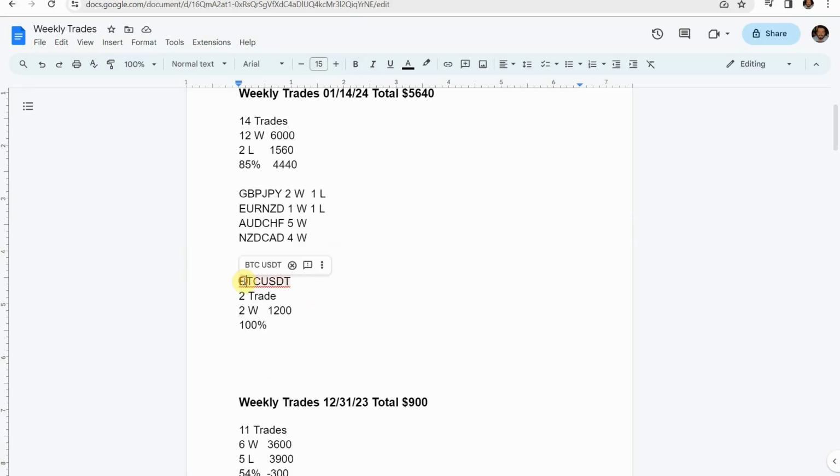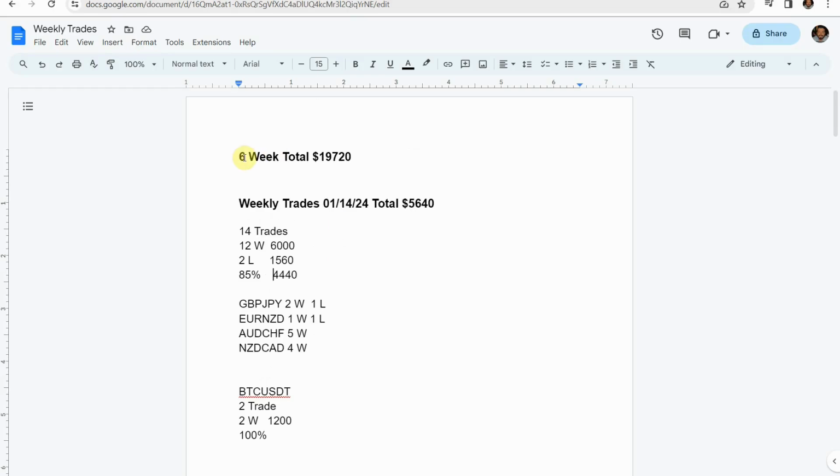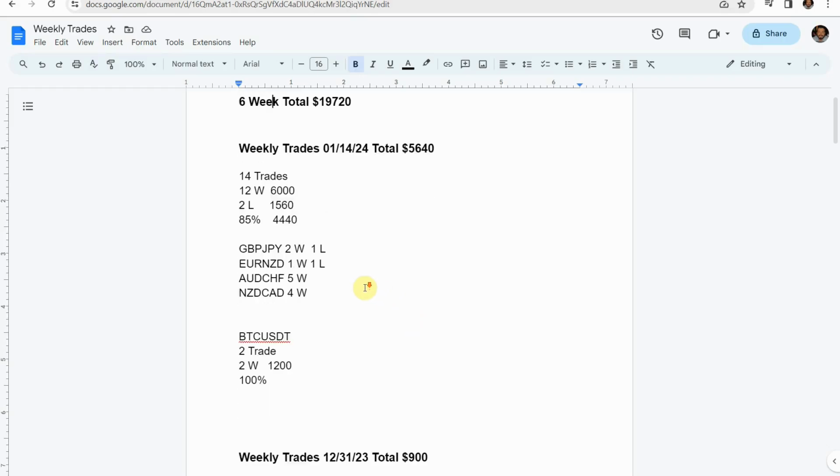On the crypto coin, we had 2 trades, 2 winning trades, going to put us at 100% win rate. So on the Forex pairs, we would gain 4,440. On the crypto coin, we would gain 1,200 for a total gain of 5,640 for the week. And so add that to the 6-week total, we would have been at $19,720.